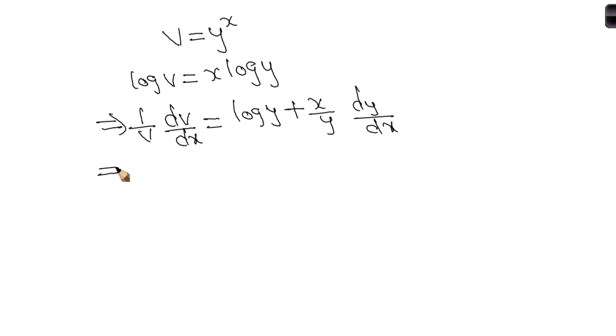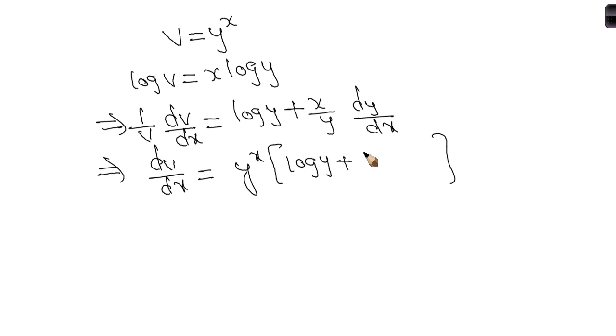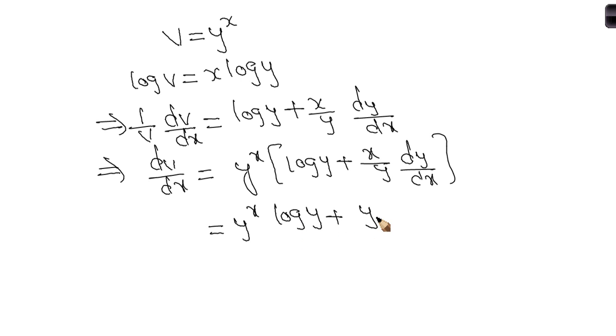So dv by dx is equal to v times (log y plus x by y into dy by dx), but v is y power x. I can simplify it further. It becomes y power x log y plus y power x minus 1 into x into dy by dx.